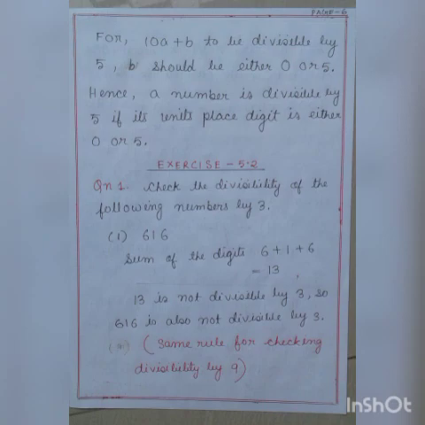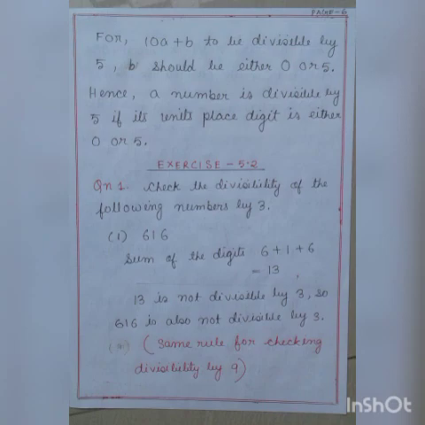I just showed you how 5 is a factor of 10A. For 10A plus B to be divisible by 5, B should be either 0 or 5. We know that already. Hence, a number is divisible by 5 if its units place digit is either 0 or 5. This is as simple.